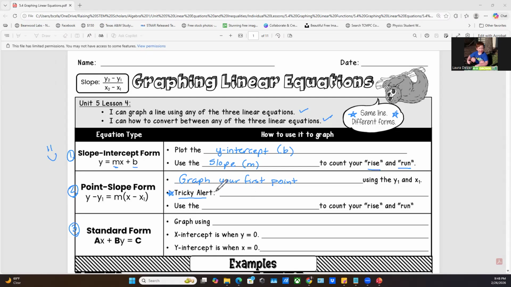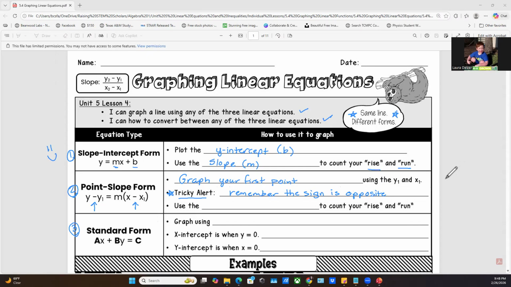This is the only thing that makes it a little difficult: you've got to remember the sign is opposite. By this I mean you have this negative here and you have this negative here.